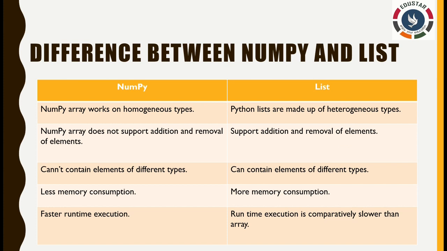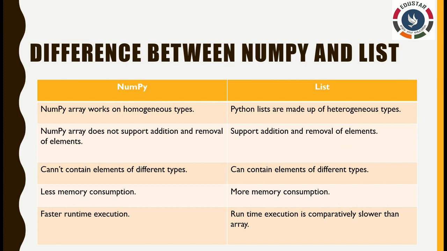Next, less memory consumption. If we are using the array or numpy concept, it takes only a small amount of space in memory. If you are using a list, it takes more space in memory. Also faster runtime execution, this is the main advantage of numpy.